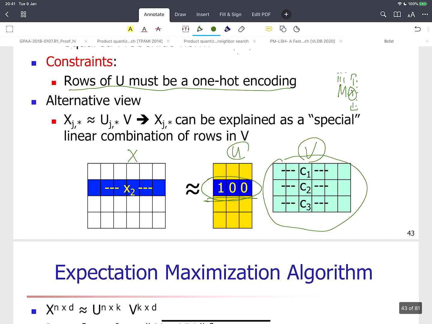Okay, so in this case, you look at each row, and essentially 1, 0, 0.